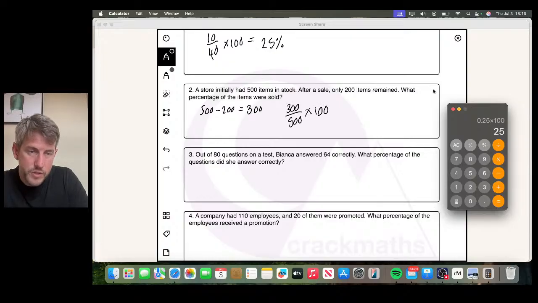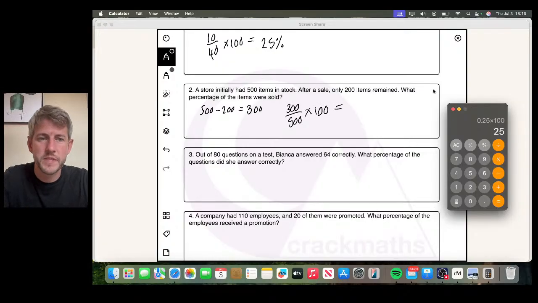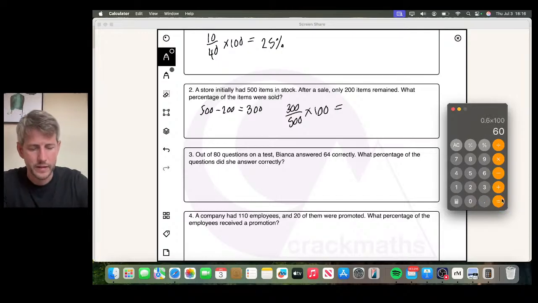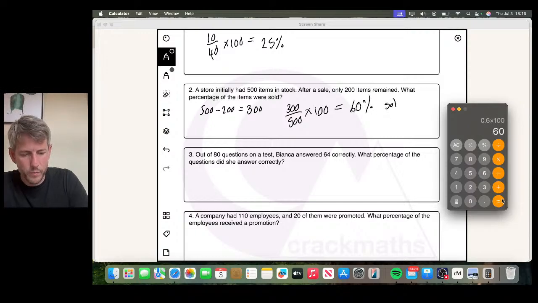Times that by 100, and that will give us the percentage that was sold. So 300 divided by 500 equals 0.6 times by 100 equals 60%. So 60% was sold.